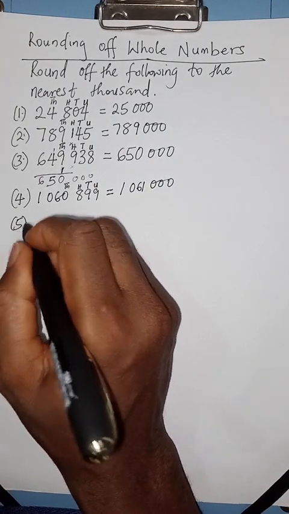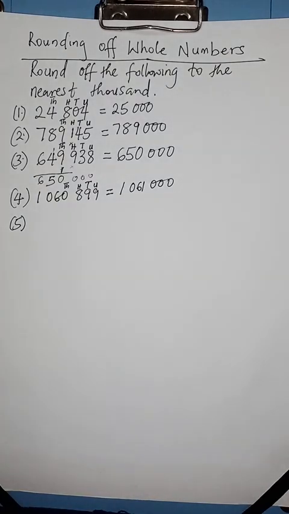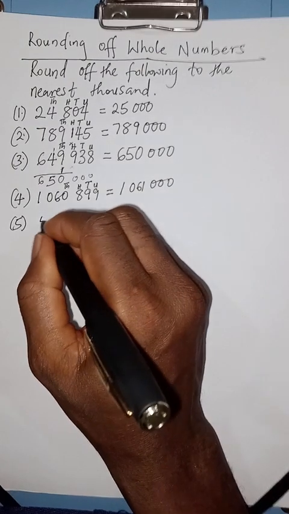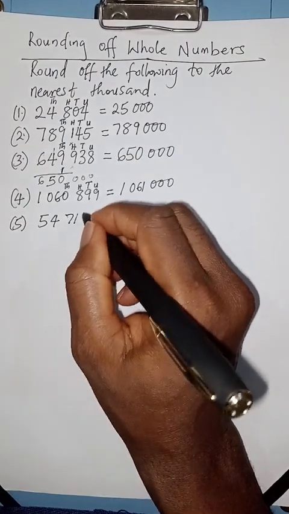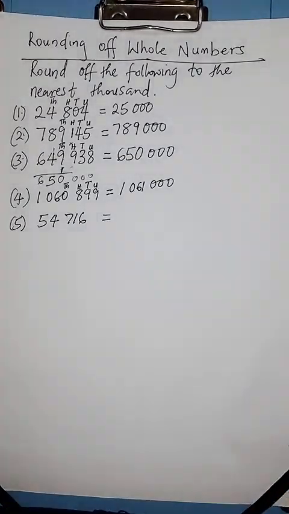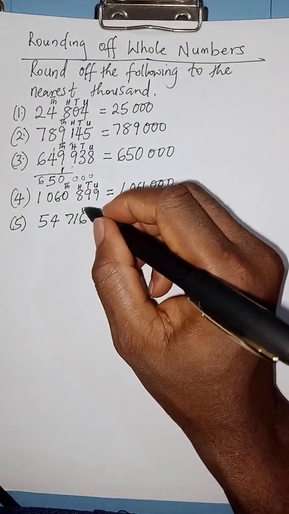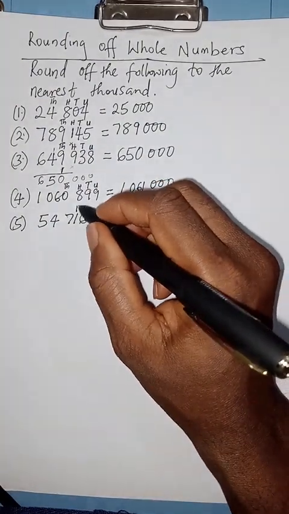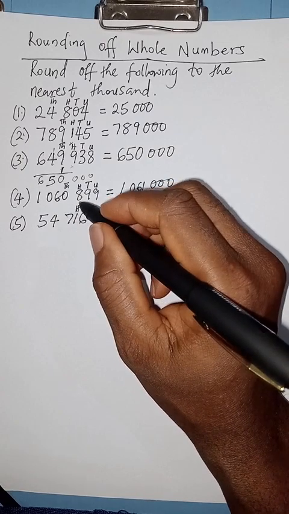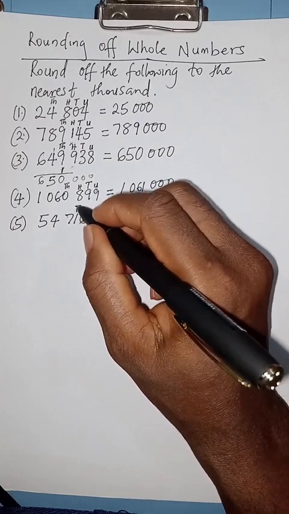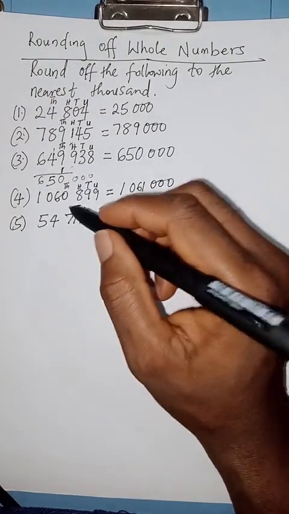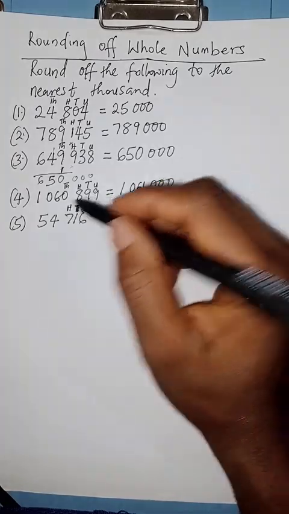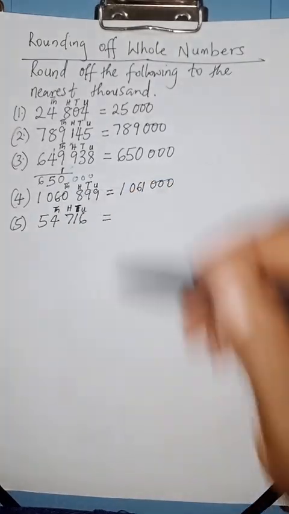And let's look at number 5, the last example for rounding off numbers to the nearest thousand. This is 54,716. You have your units, your tens, and this is your hundred, and then your thousand.